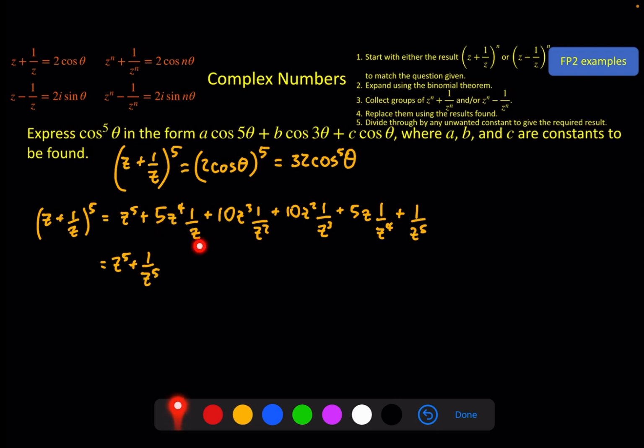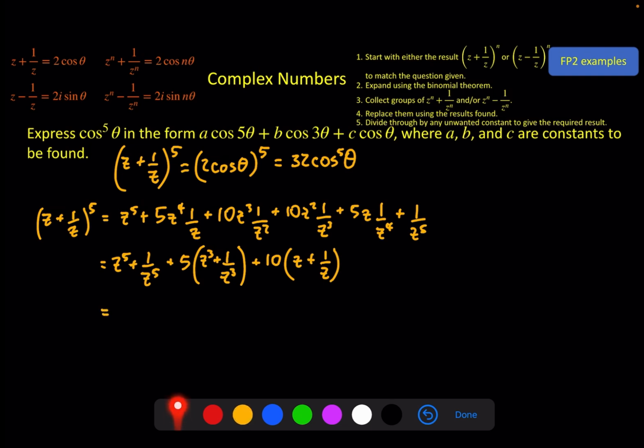Then we've got 5, if you cancel this, z cubed, and 5, 1 over z cubed. And then in the middle, we've got 10z plus 10, 1 over z. And you'll find that happens every time.